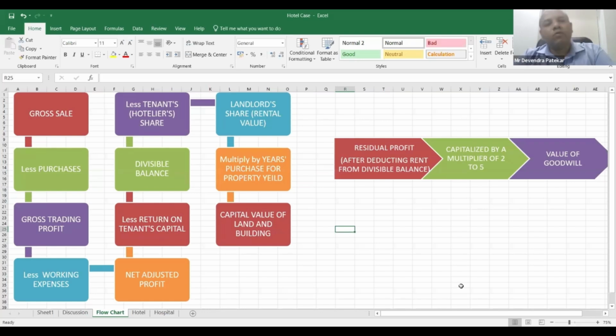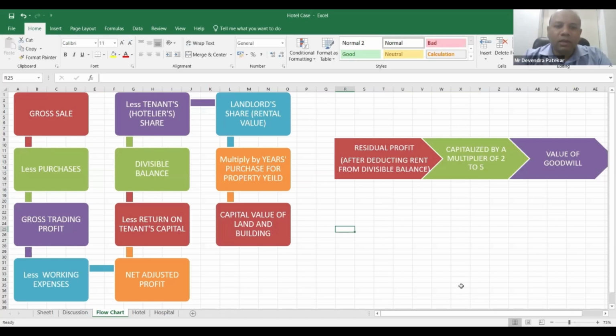Now, gross sale would be from room rentals, the banquet hall rentals, food, and the other incomes that the hotel may be generating through direct sales. So all those aspects were considered in the gross sale. Every year, how much gross sale they were making, that we have identified.